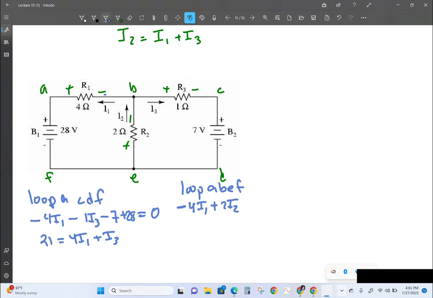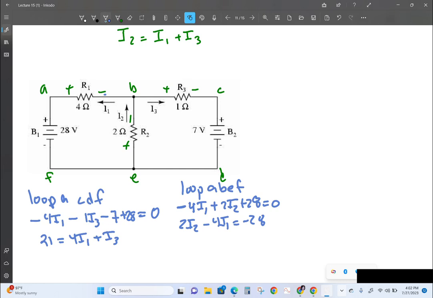And I'm gaining 28 volts. If I rearrange this, it would be 2I2 minus 4I1 equals negative 28.